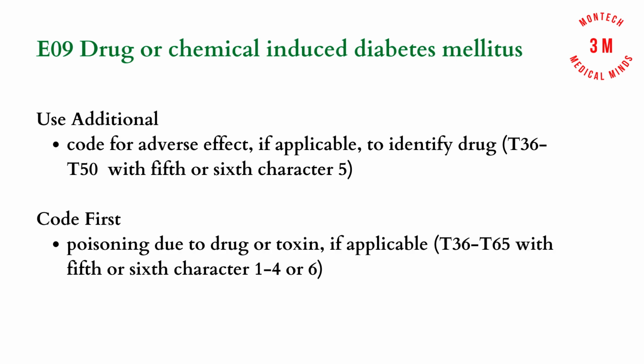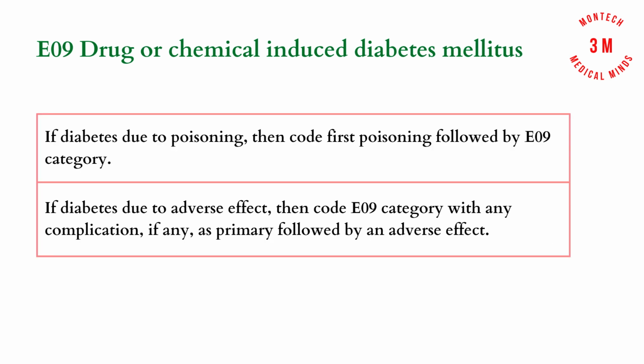E09 drug or chemical induced diabetes mellitus. Assign category E09 for diabetes that develops due to drugs or chemicals. Follow the instructional guideline at category E09: code first poisoning, or use additional code for adverse effect, followed by E09. Sequencing of E09 depends on whether it is poisoning or adverse effect.